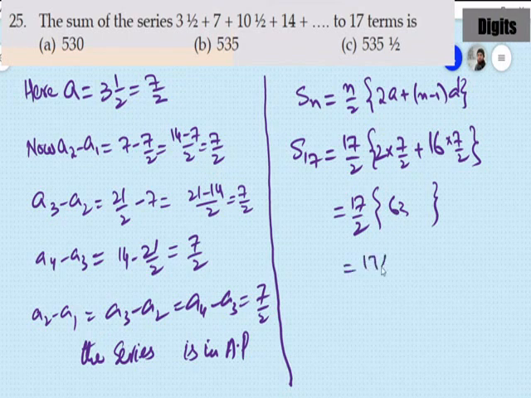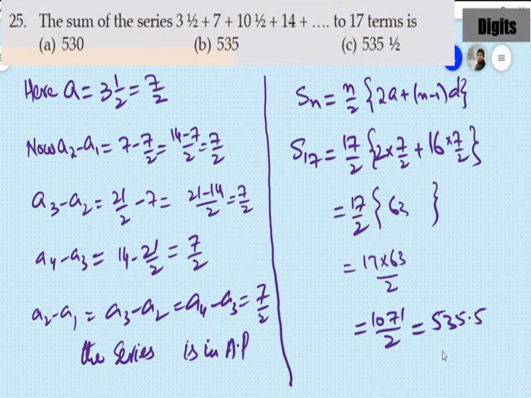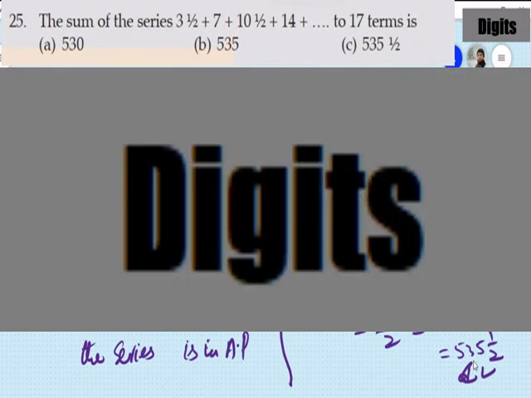Then it will be 17 into 63 divided by 2, which is equal to 1071 divided by 2, which is equal to 535.5. So we can write this number. Therefore option C is the correct option.